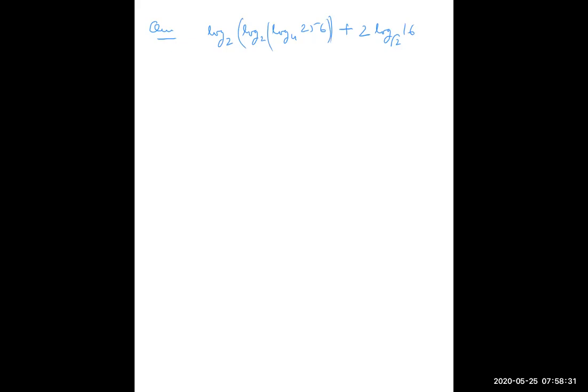Sir, for the first expression, can we solve it as in the previous question? That's what I'm saying. The previous question was log 2 of 3 times log 3 of 4, and this one is log 2 of log 3 of 4. These are two different things. There, I'm taking log of 3 to the base 2 and log of 4 to the base 3, then multiplying. But here, I'm taking log 4 and then it is going inside another log.